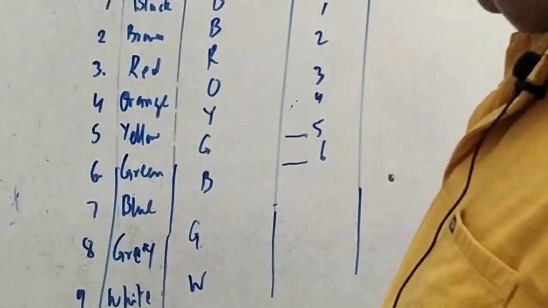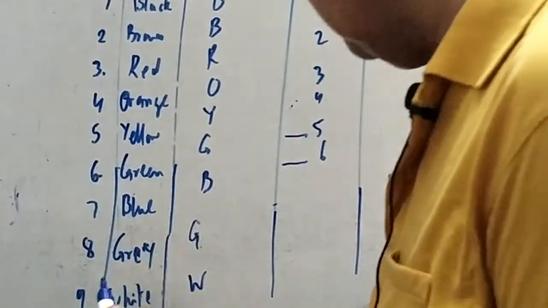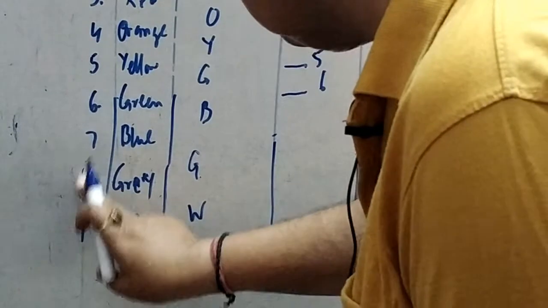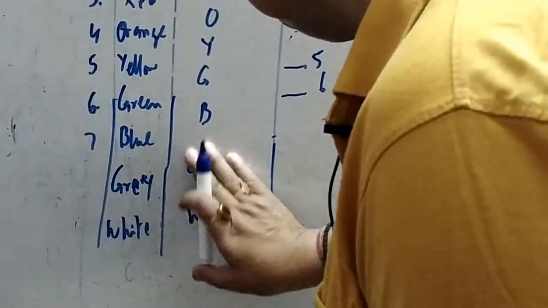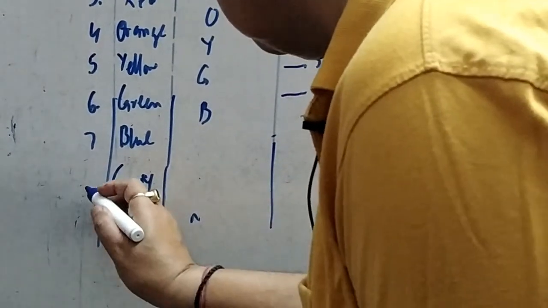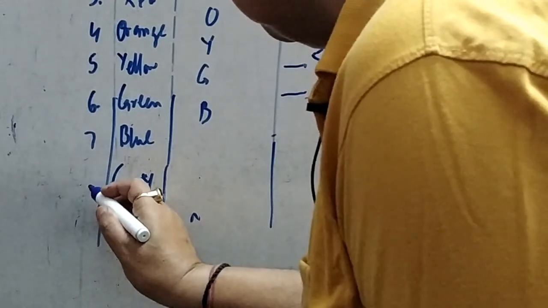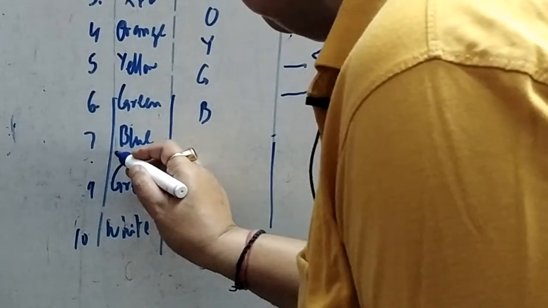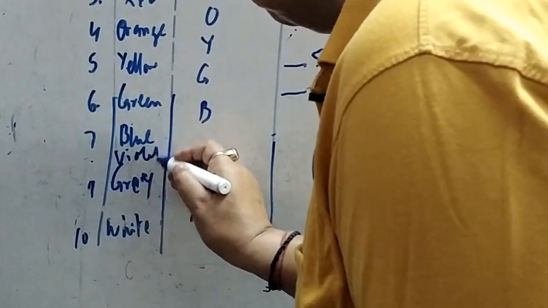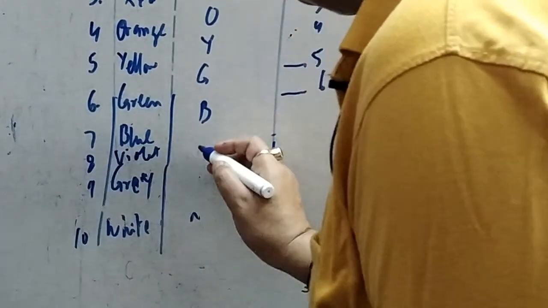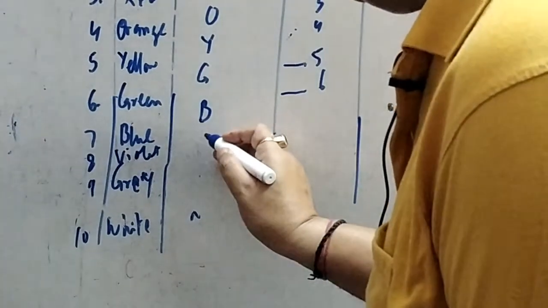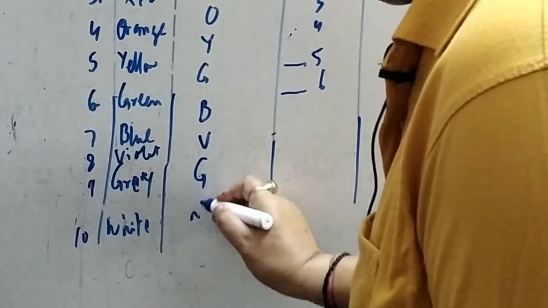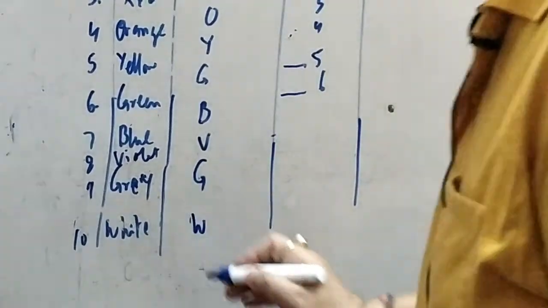There is one thing: instead of gray, it is in fact the ninth one. It is 8, it is 9, it is 10. In between, it is violet, which is 7. Therefore this is just V, and this is G and W.